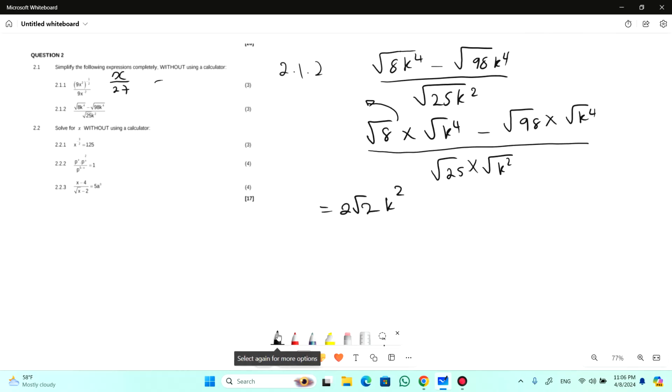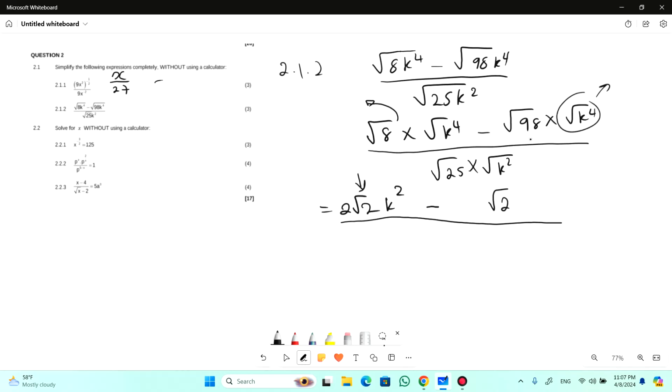Okay, so now we notice that when we are dealing with these types of questions, in most cases the square root will be common in these terms. So here we should have the square root of 2, and then here is also k squared.